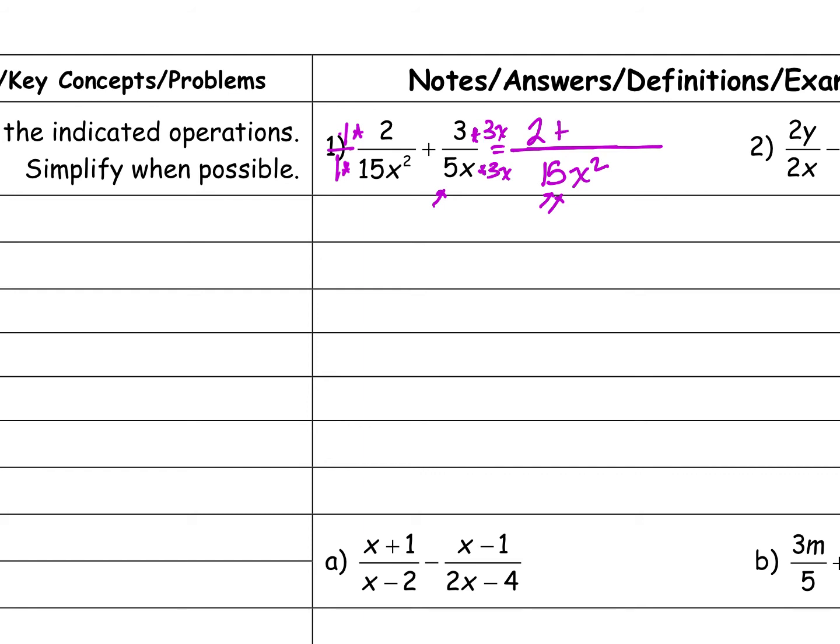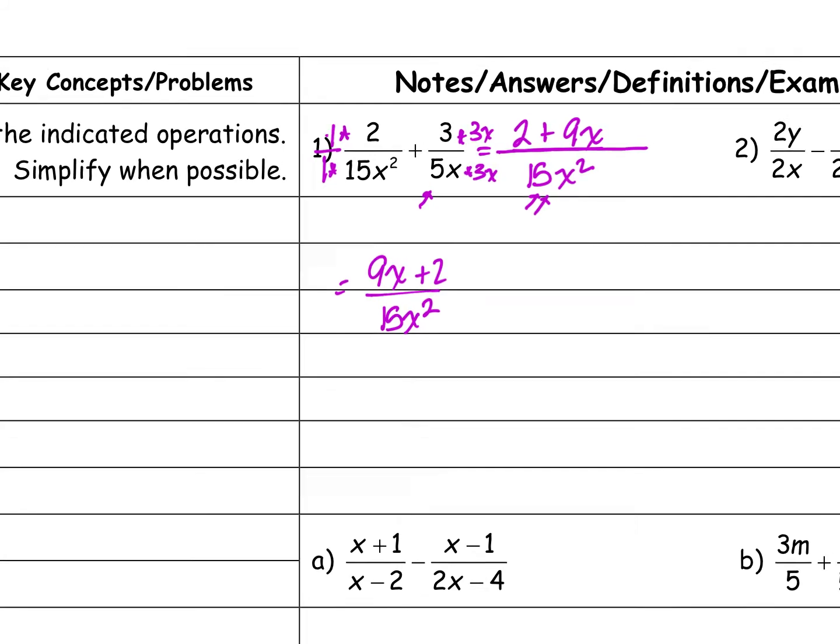Plus 3 times 3x is 9x. So my answer is going to be 9x plus 2 all over 15x squared. And there's nothing to simplify. Yeah, that's right. Did I do that right? Okay. Please let me know if I mess up.